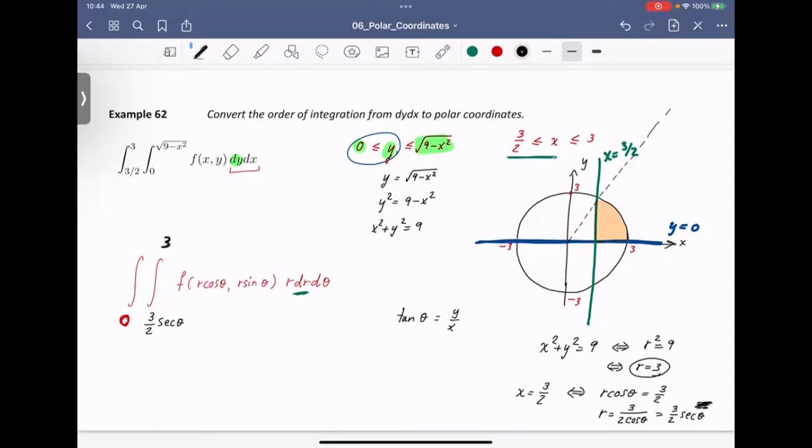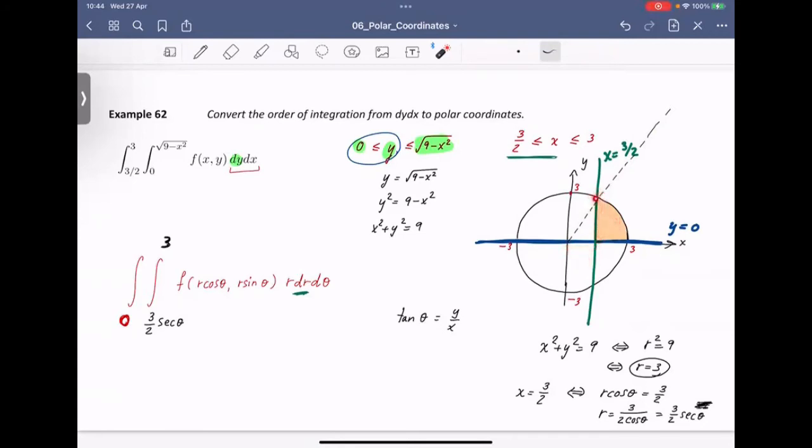From here, you hope that you're going to get this angle theta, which means you need to find this point. Because if you find this point, you're gonna get the value of y and x, right? Because if you get this point, this is going to be your y, and this is going to be your x.